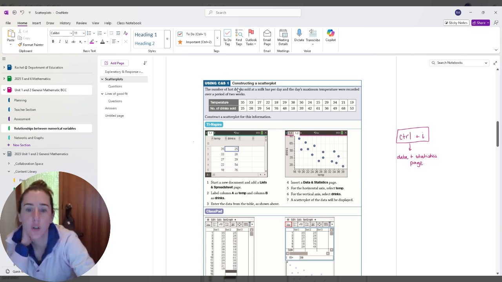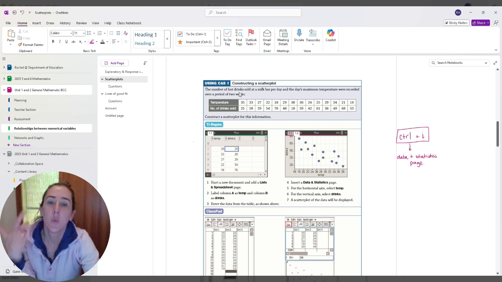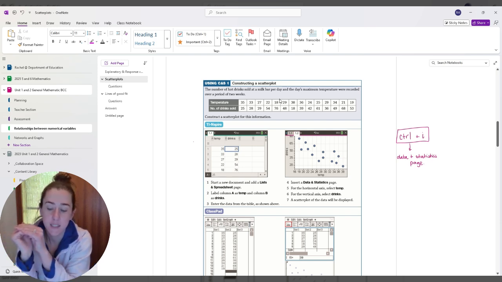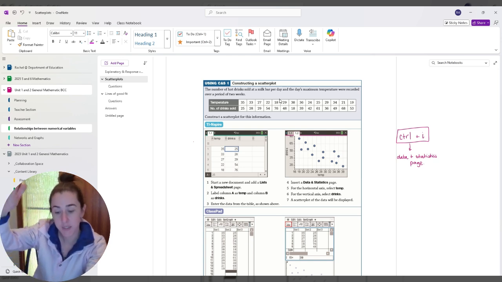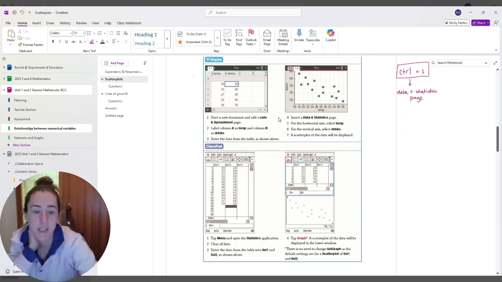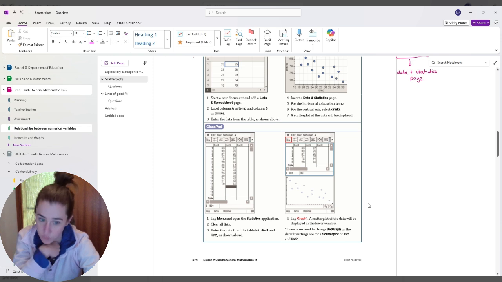These are hot drinks specifically that we're selling at the milk bar. So we're thinking that as the temperature increases, the number of hot drinks that we sell decreases. And so we're going to plot that in a scatter plot to see if that trend holds.